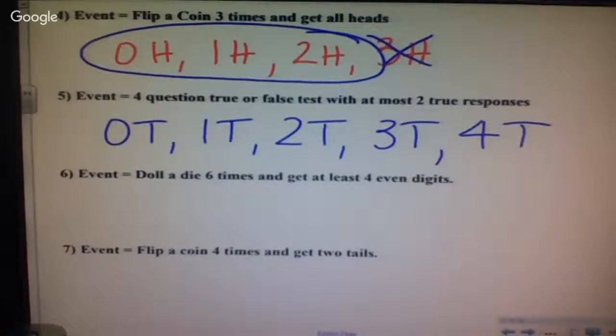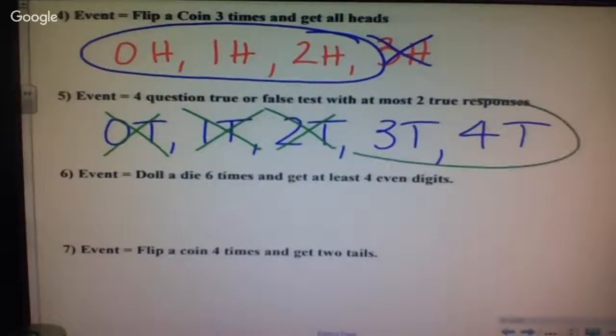At most 2 true. 2, 1, and 0. At most means 2 is the biggest I can have. So that means the complement then is 3 and 4. Again, your biggest thing is going to be deciphering what does at most or at least mean.